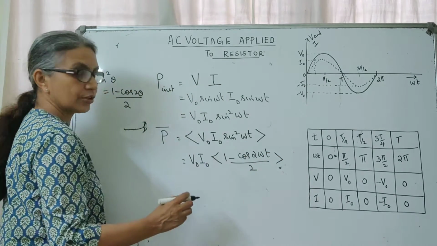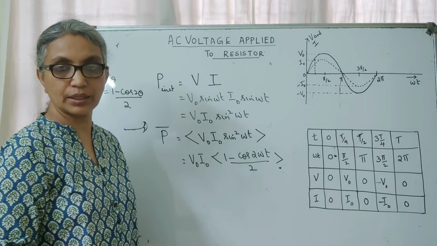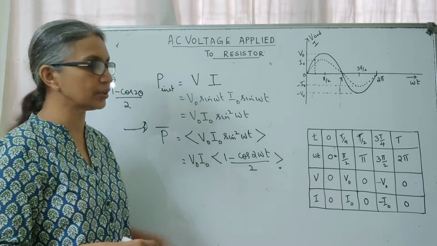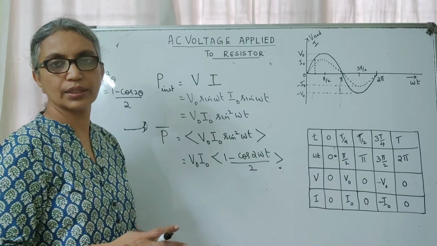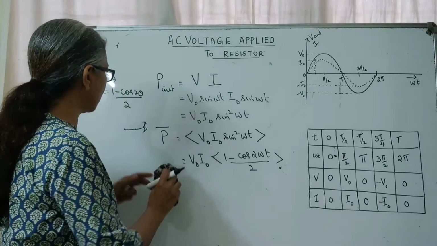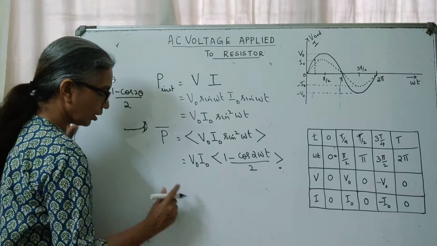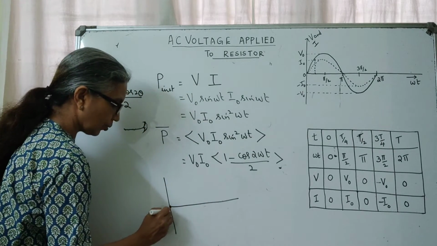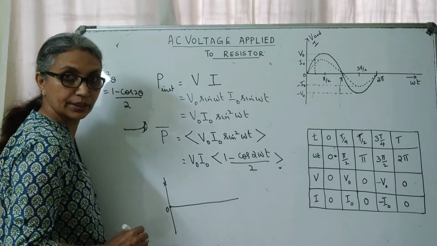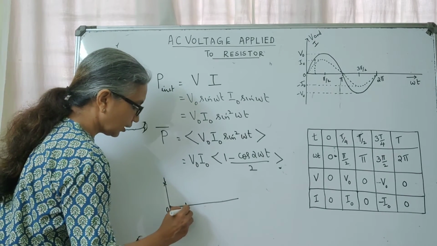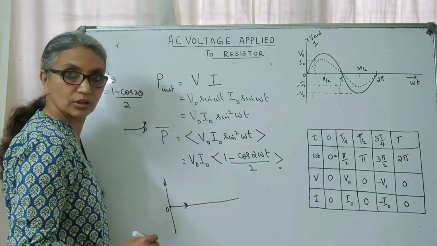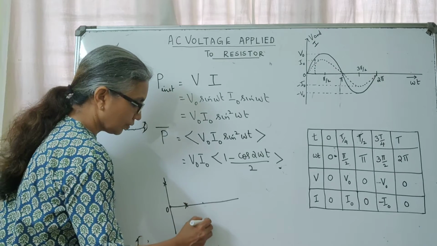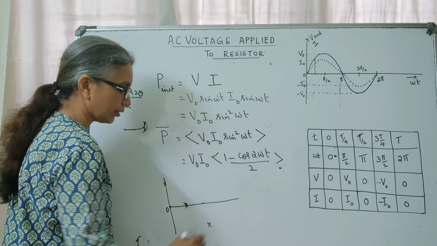When I take the average of a cosine function, cos 2 omega t or cos theta, just like the sine function, you will get 0. Let me draw it here for you. Cos 0, as you know, is maximum 1. Cos 90 is taking a 0 value. Cos 180 is minus 1.